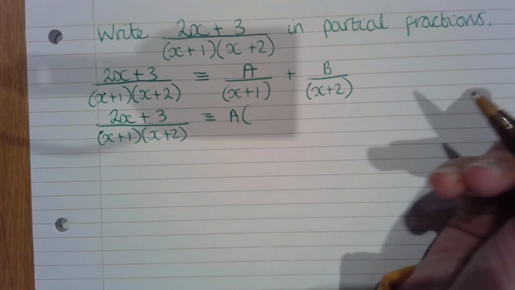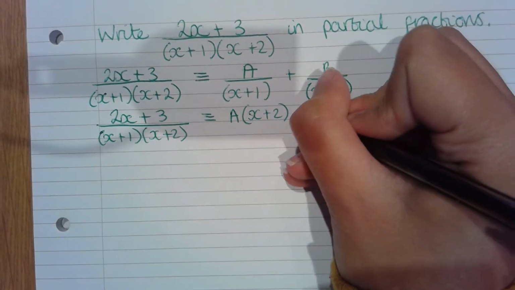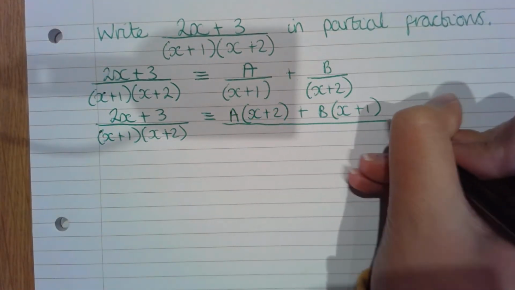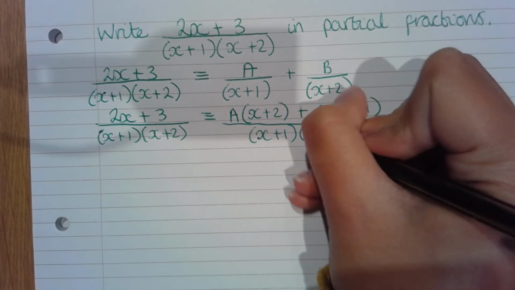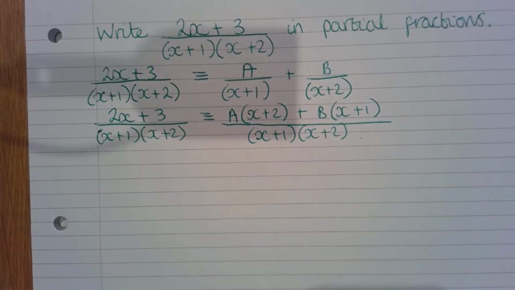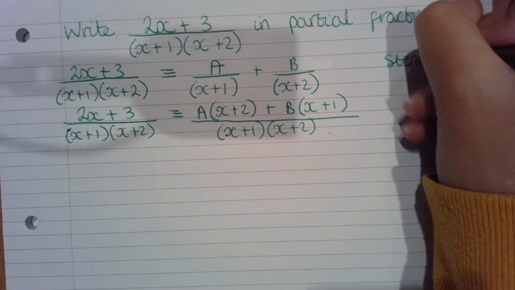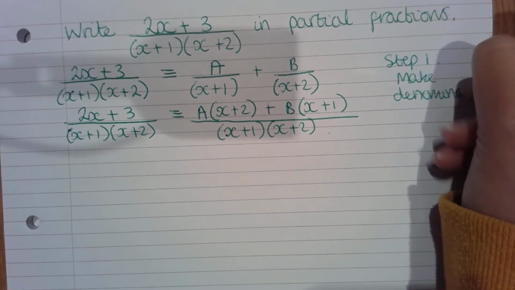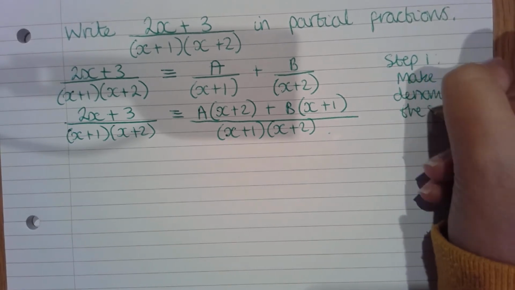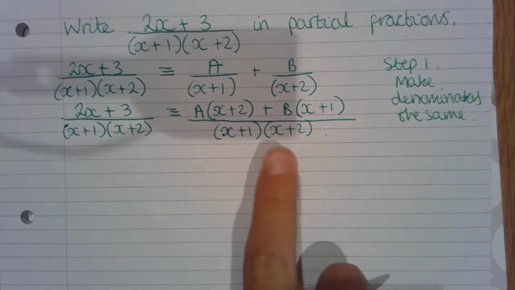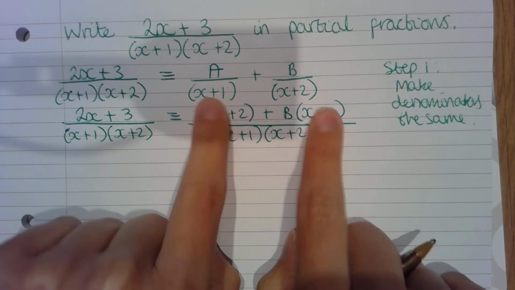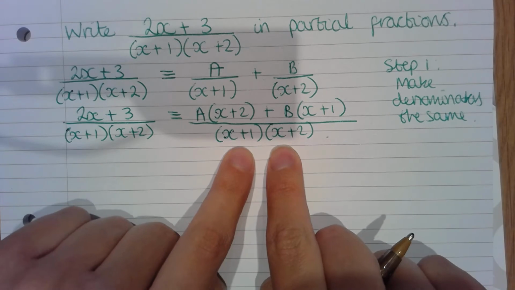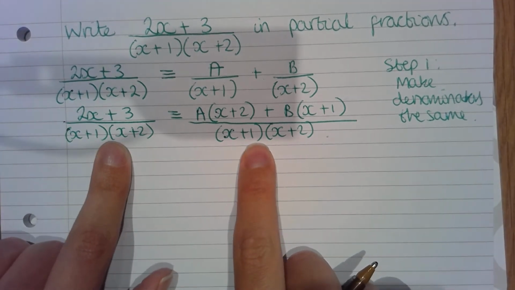So we end up getting A(x + 2) + B(x + 1), and the denominators are now the same, which means the denominator is (x + 1)(x + 2). So your step 1 is to make the denominators the same. Now we can see they're the same in that fraction, since we've combined it to be a single fraction, and these two denominators are also the same.